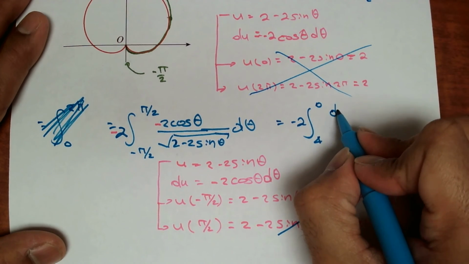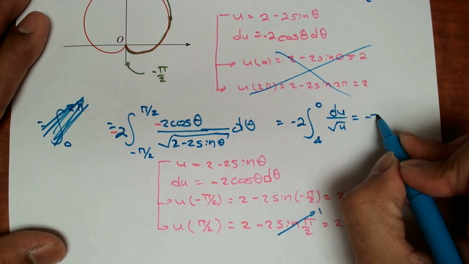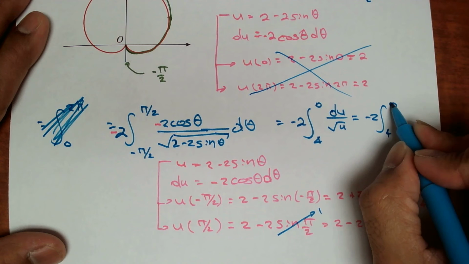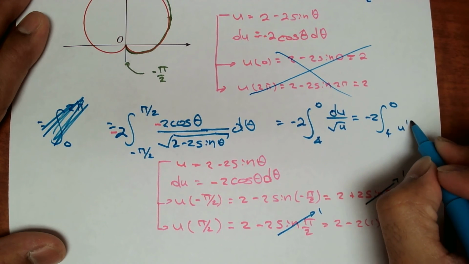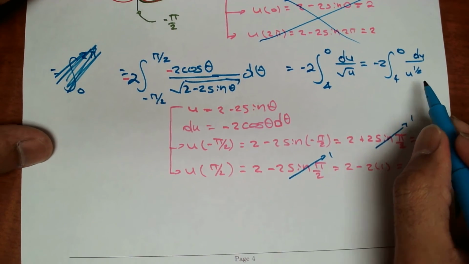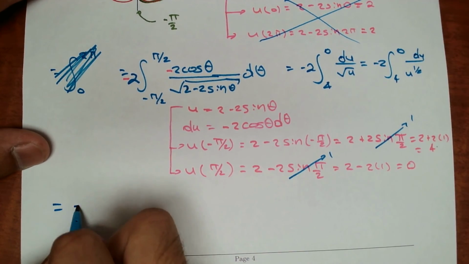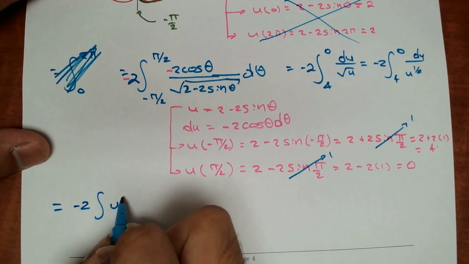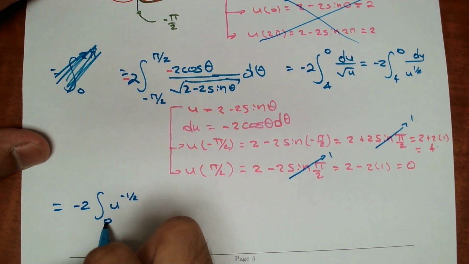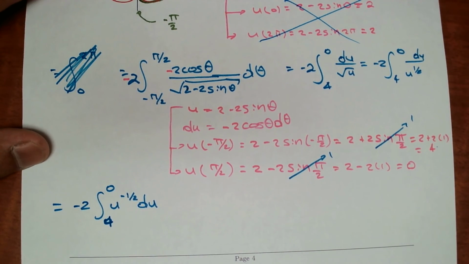So that's going to be du over the square root of u, which is negative 2 times the integral from 4 to 0 of u to the 1/2 in the denominator, du. Continuing: negative 2 times the integral from 4 to 0 of u to the negative 1/2 du.